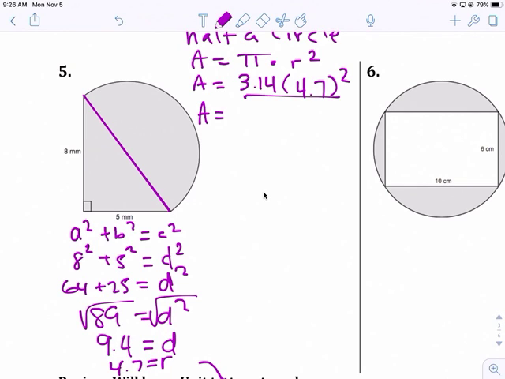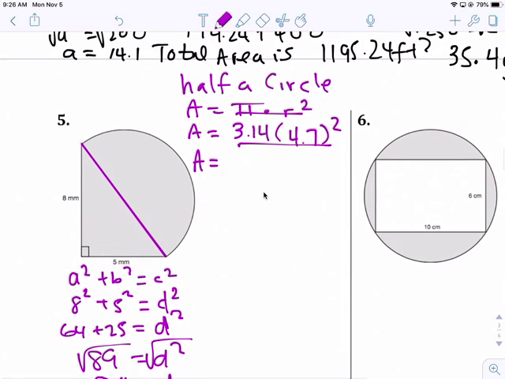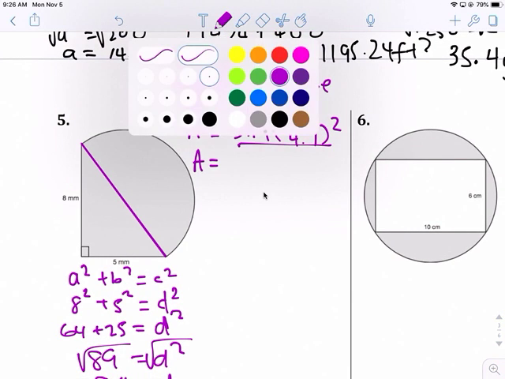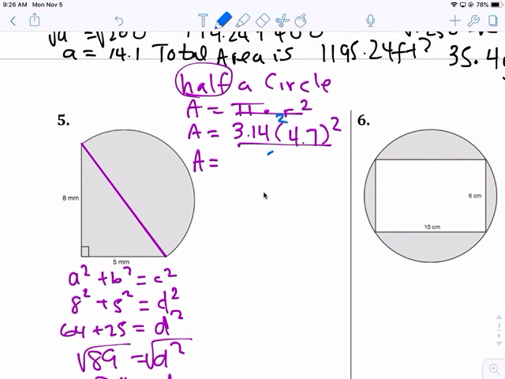And divided by 2, this is half of a circle. Half. Forgot to divide it by 2. Shame on Miss Wilcox. Okay. You get area is 34.6813. That's the area of a half circle.